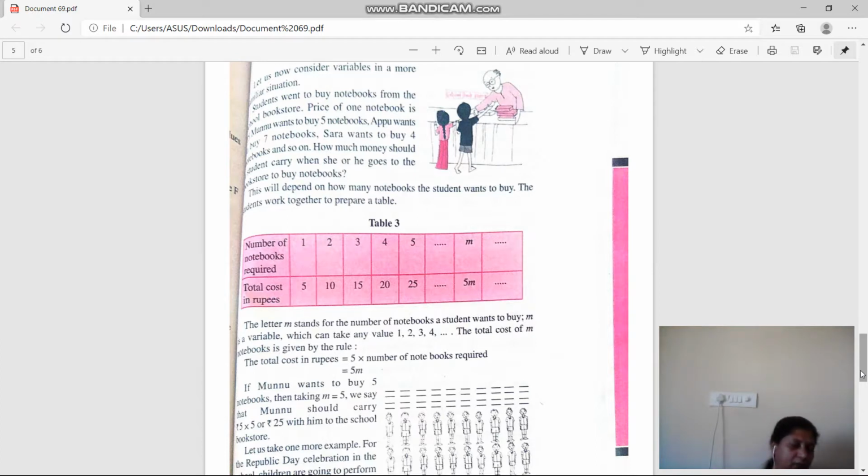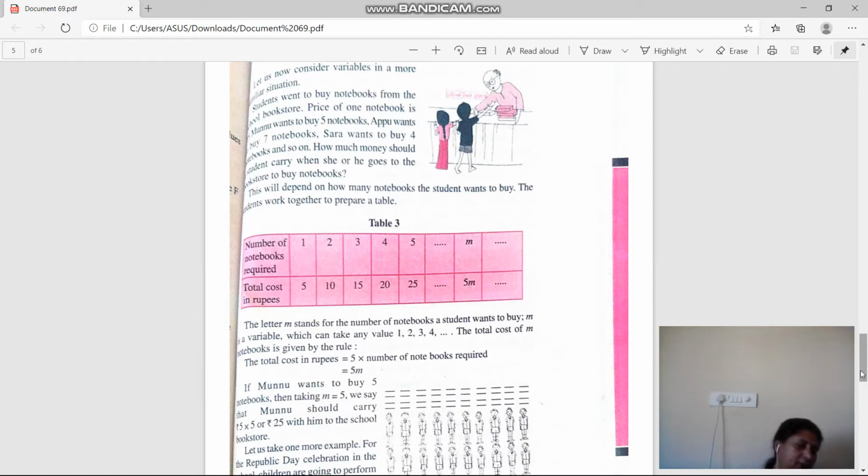So what will the formula be? Price of notebooks is equal to c multiplied by 5, or 5c. You can take n, or b, or c. c stands for the number of copies or number of notebooks.